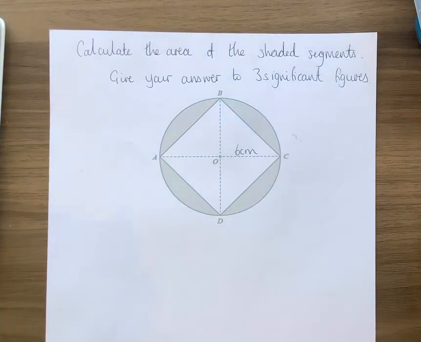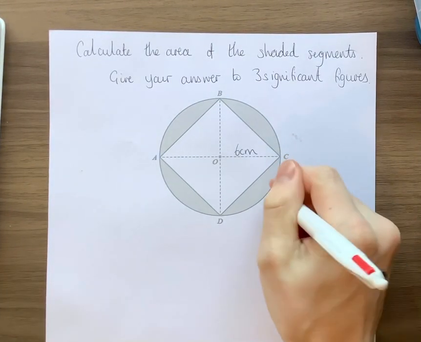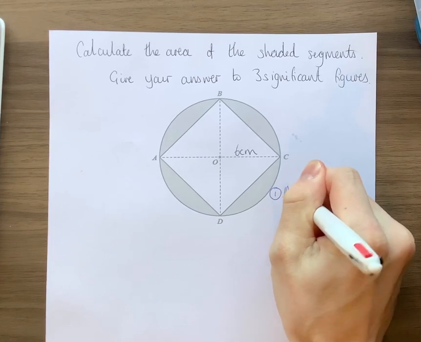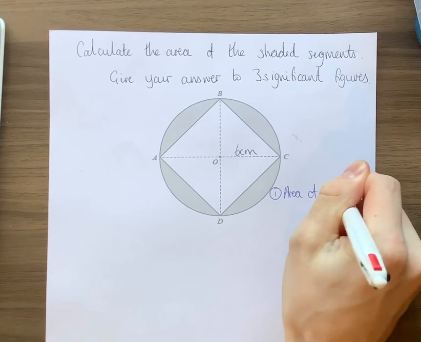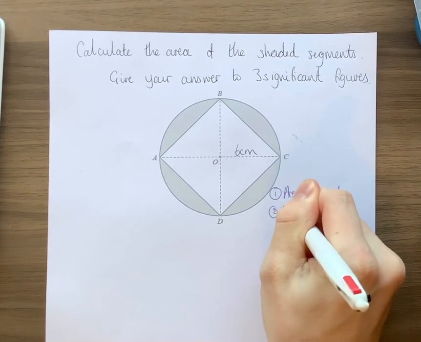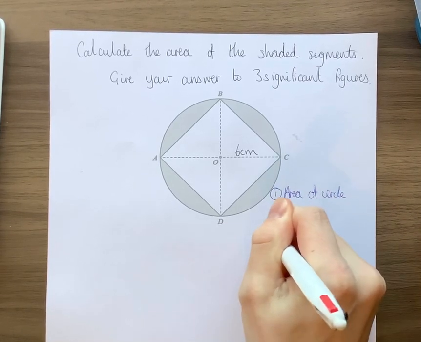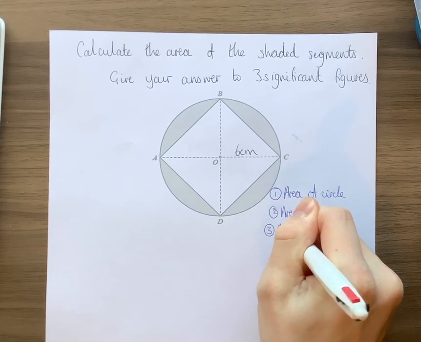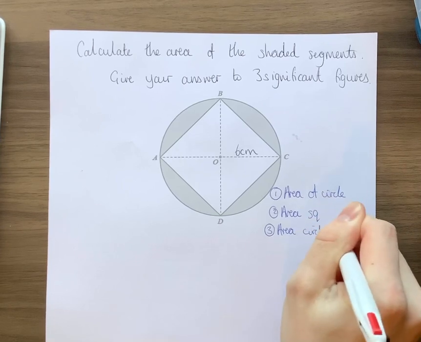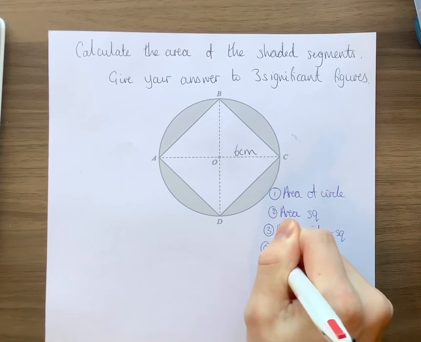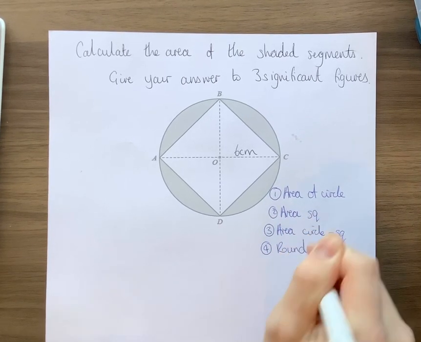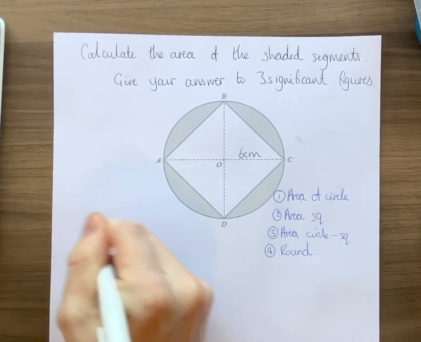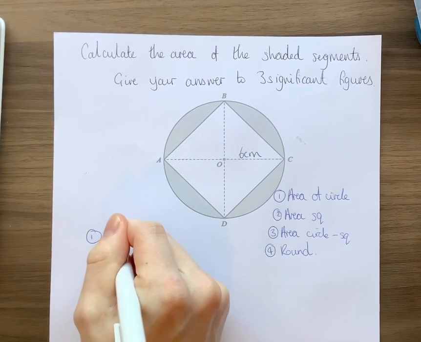So, again, we're going to plan that out and we're going to do the same steps. So area of the circle, area of the square. To work out the answer, I'm going to do area of circle minus the square and then round it. So I'm going to go through these a little bit quicker this time because actually we've explained them before, we've modelled them before.